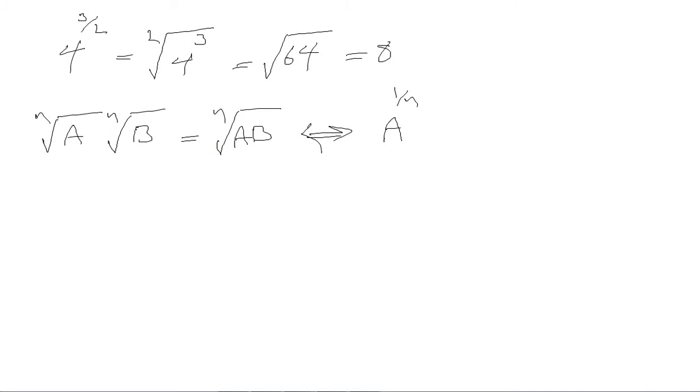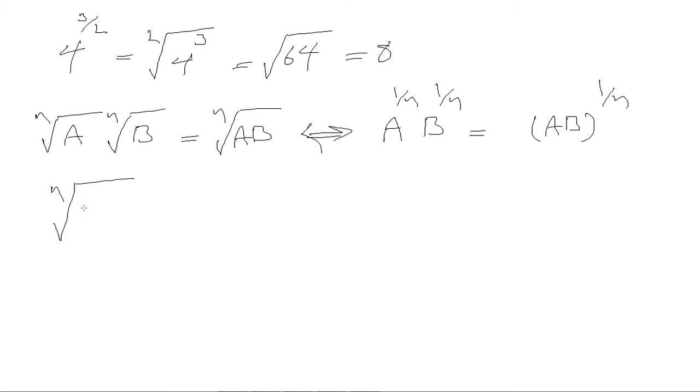So I'm writing the same formula using the rational exponent notation. Radical a index n is a to the power of 1 over n, and radical b index n is b to the power of 1 over n. And from the exponent rules, we know that if we have the same power and different bases, we can just multiply the bases using the same power. Yes? So as you can see, these two rules are actually equivalent.